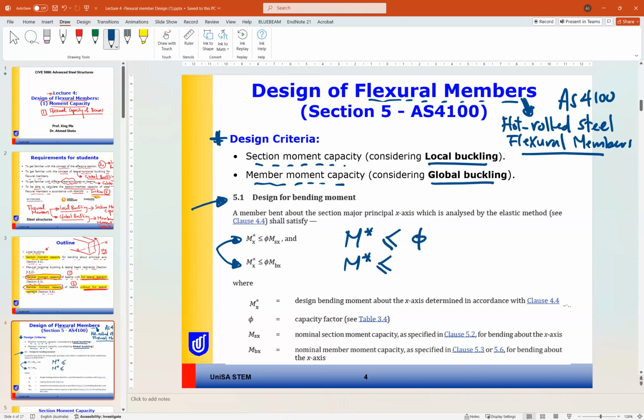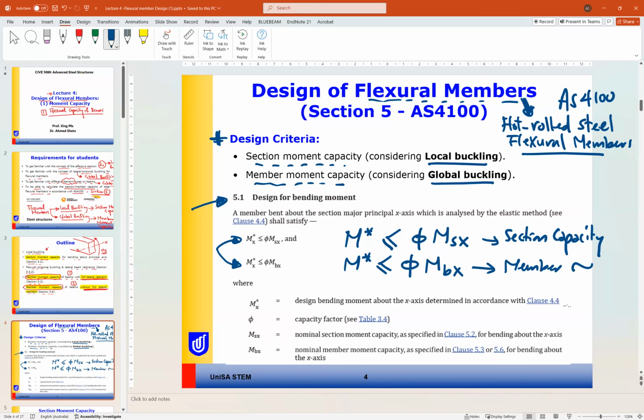One of them is phi Msx, which is the section capacity, and phi Mbx, which is the member capacity. So if our design moment M star satisfies these two conditions, our design is okay. Where Mx star is the design bending moment about the x-axis.